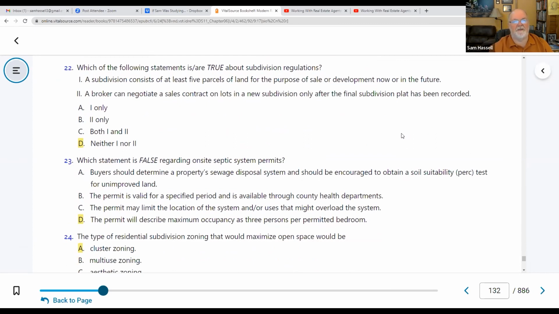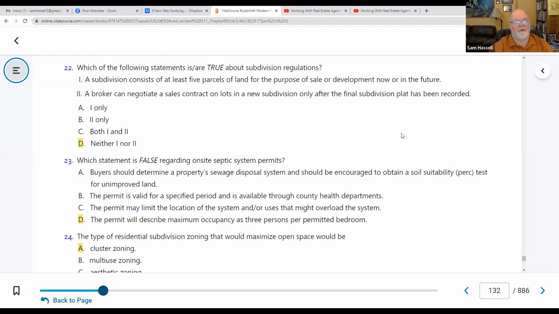Number 22, which of the following statements is or are true about the subdivision regulations? Number 1, a subdivision consists of at least 5 parcels of land for the purpose of sale or development now or in the future. Remember this, you only need 2 parcels of land. A subdivision is 2, not 5, all right? So in this case, 1 is not the right answer.